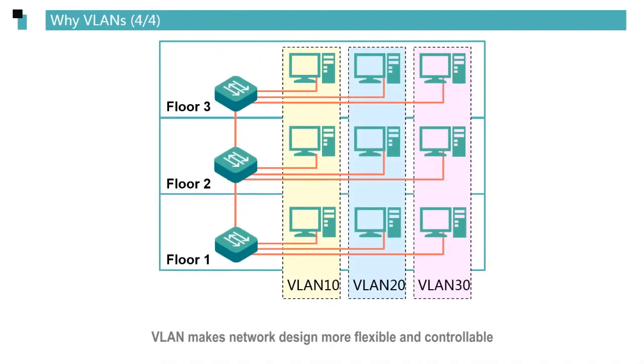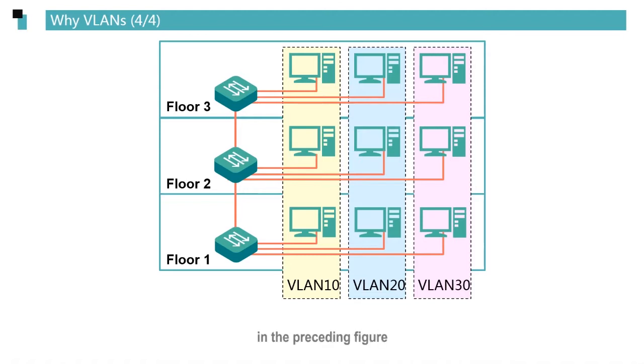VLAN makes network design more flexible and controllable. VLANs are virtual LANs and not limited by devices. They can be flexibly planned based on service types in various scenarios. Since multiple switches share the same VLAN, PCs that are members of the VLAN can be geographically dispersed as long as they are properly connected to the switches.